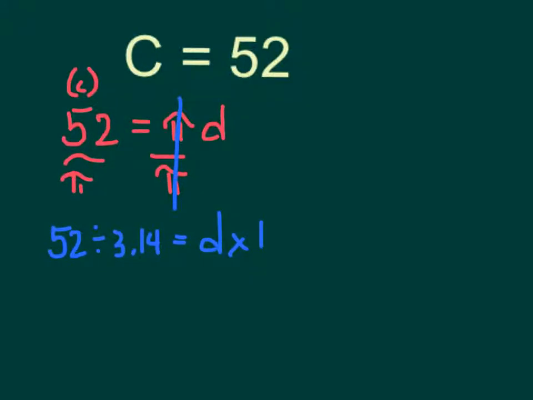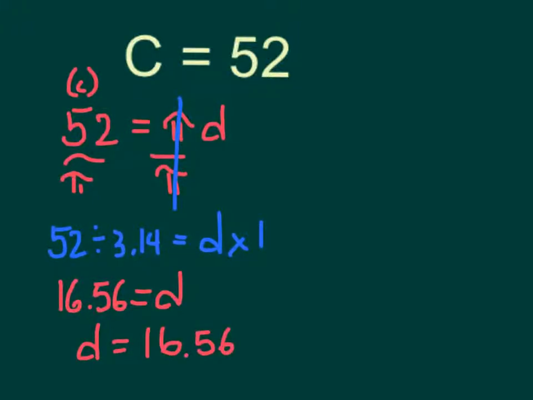52 divided by 3.14 equals 16.56. And yes, I did use a calculator for that math, and I hope you do too. And that equals d. So the diameter of that particular circle equals 16.56.